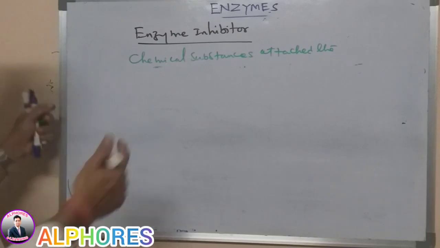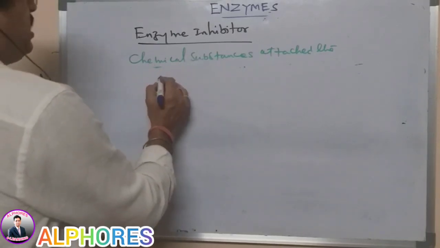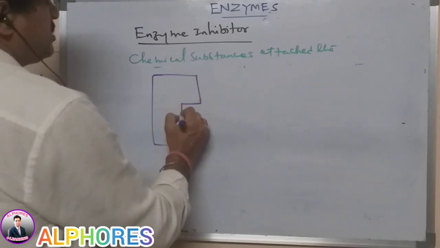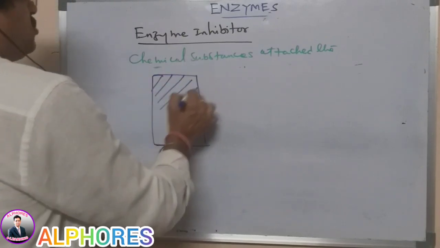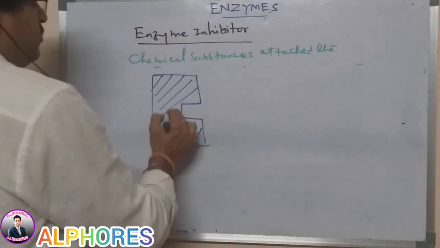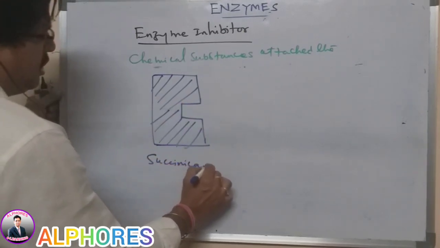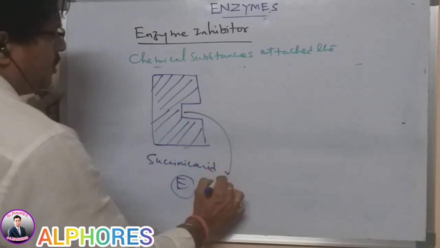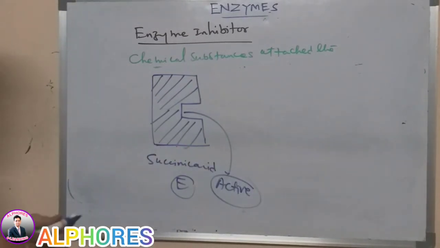For example, suppose this is the succinic acid, and this is the enzyme. The enzyme has a site, and this is called the active site, where the substrate molecule is going to join.